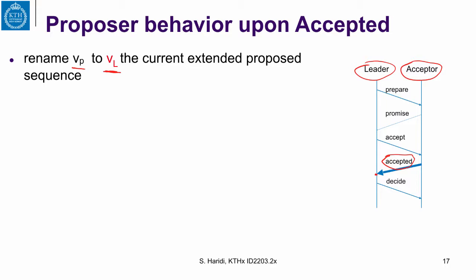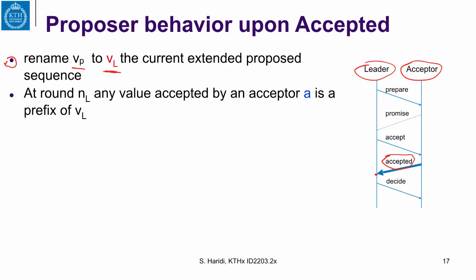And this is the current extended proposed sequence. So at round NL, the round of our leader, any value accepted by an acceptor A, as we said before, is a prefix of the value at the leader.